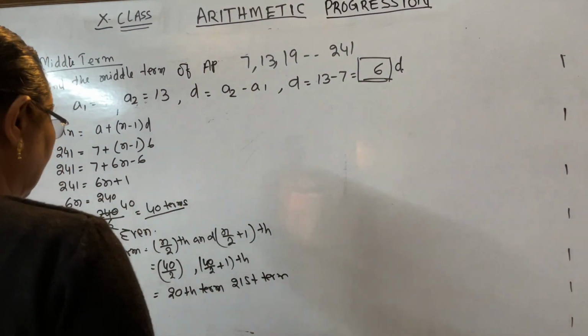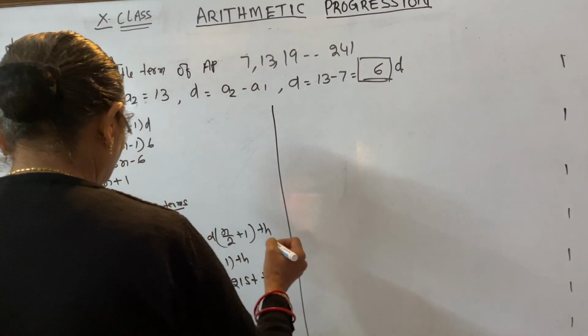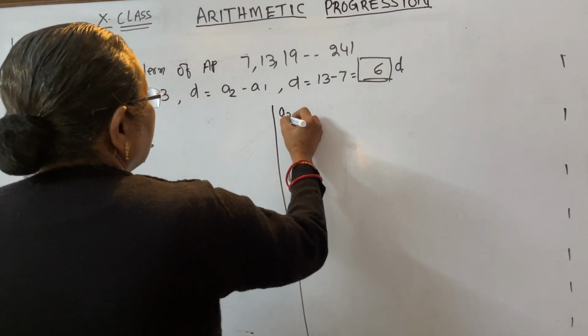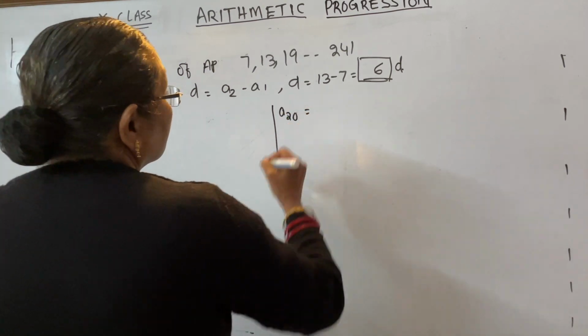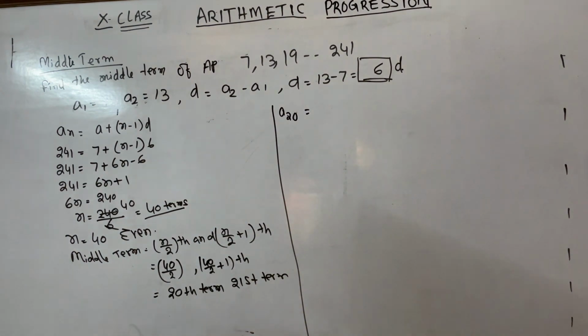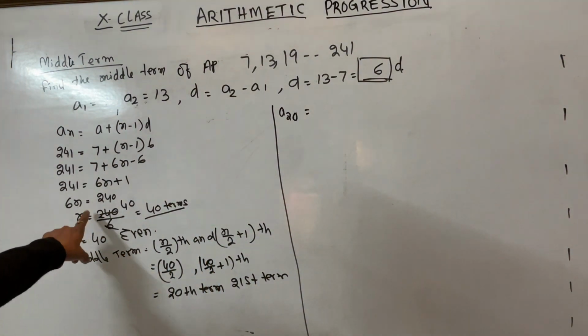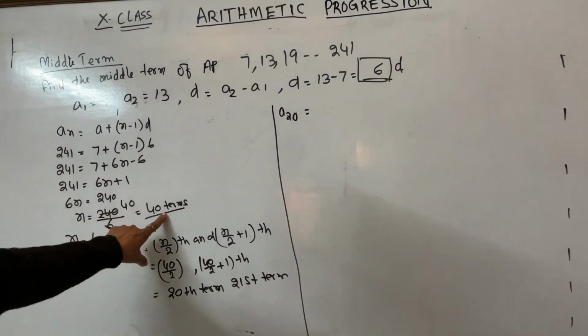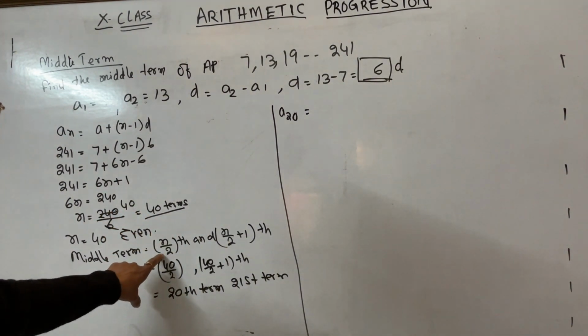So now we can find out A20, the 20th term, got it? There are 40 terms, so the 20th term is a middle term.